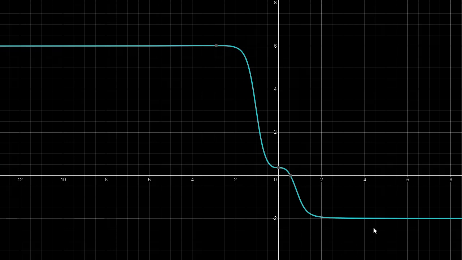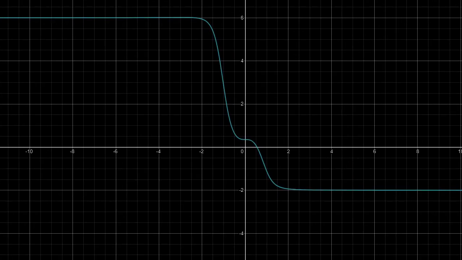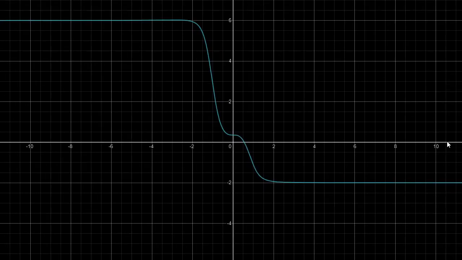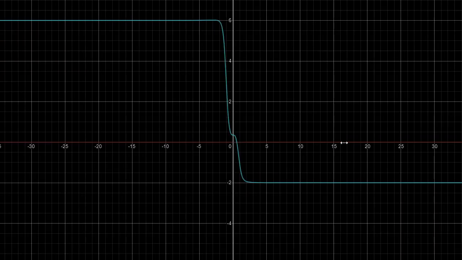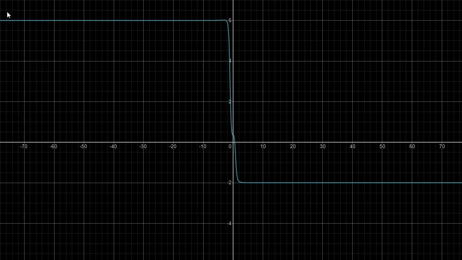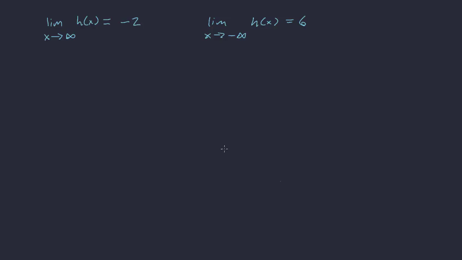But if you look at this particular graph, we'll see that as x increases without bound, the graph itself levels out to negative 2, whereas as x goes to negative infinity, increases without bound in the negative direction, it goes to positive 6.